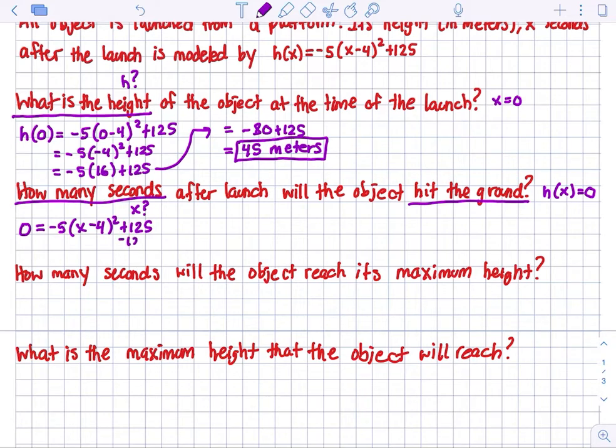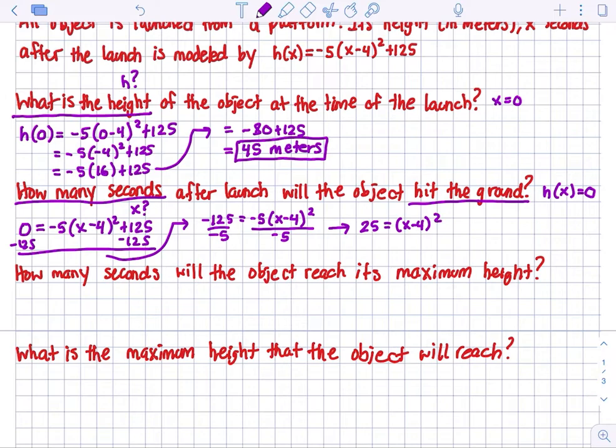We're going to subtract 125 first. -125 is equal to -5 times (x - 4) squared. We need to divide both sides by -5. 25 is equal to (x - 4) squared.